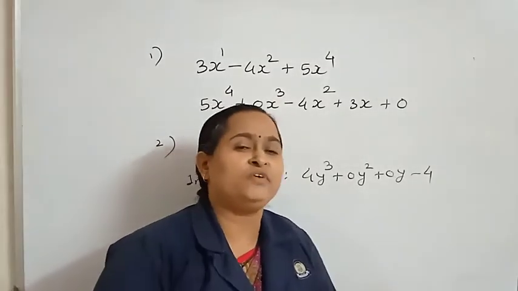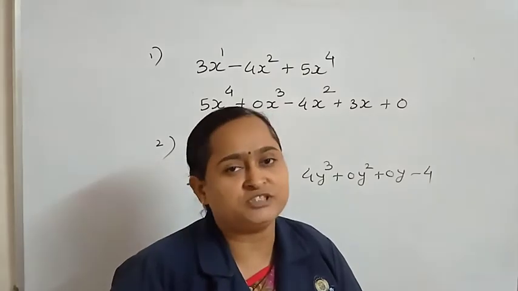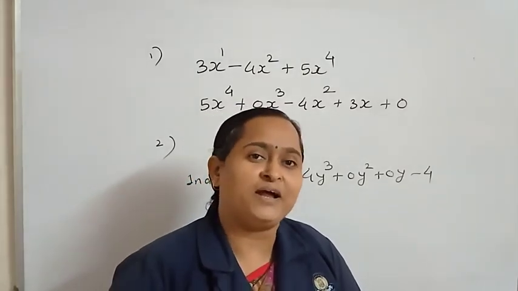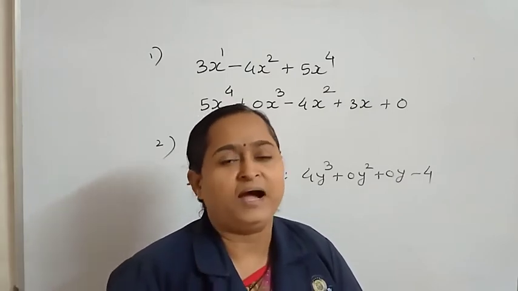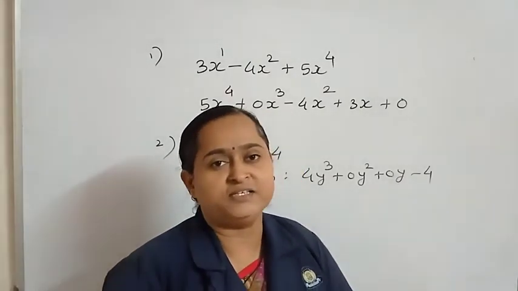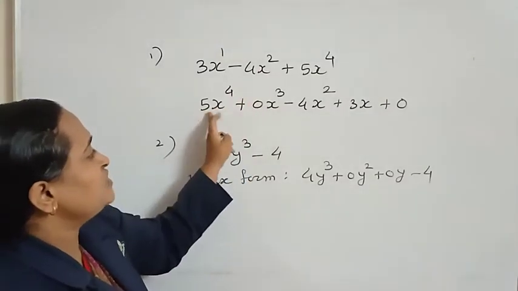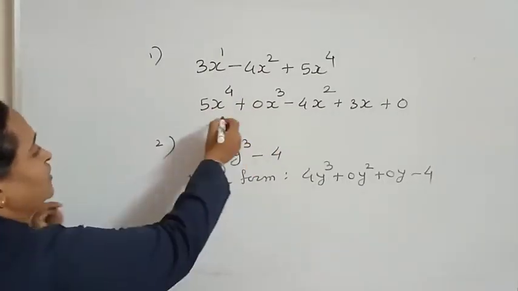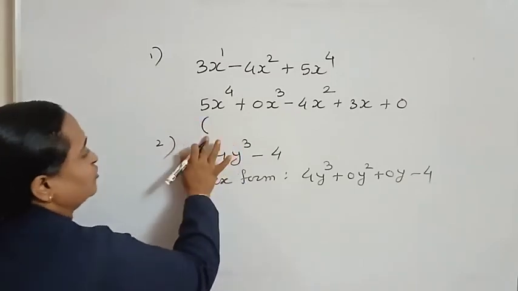Now next form we have to write down, coefficient form. While writing coefficient form, before that we have to write that example in index form and then you have to write down that in coefficient form. Now see, suppose this example is there. Now this we have written in index form. Now we will write coefficient form. Coefficient form is written in round bracket.